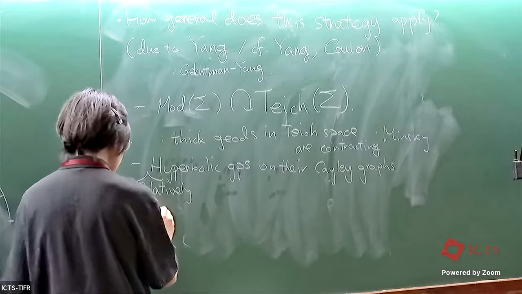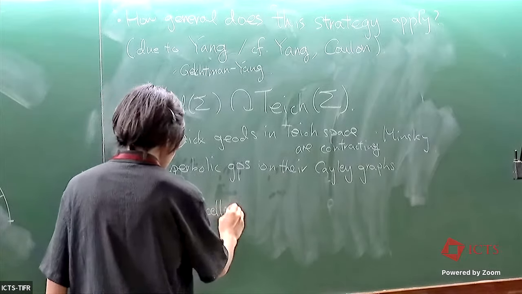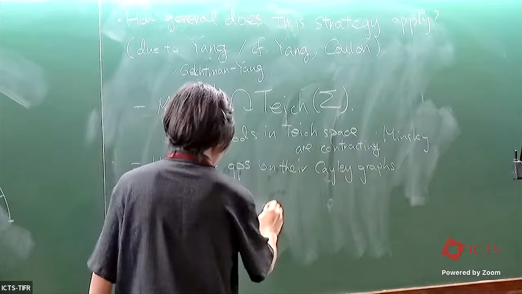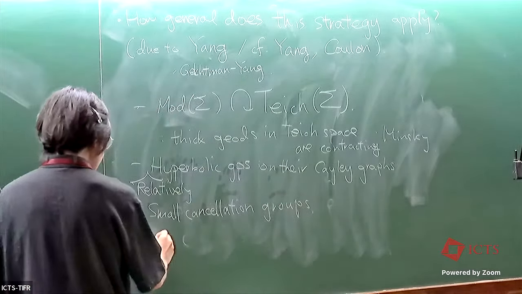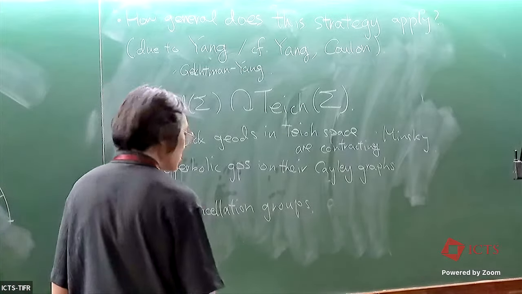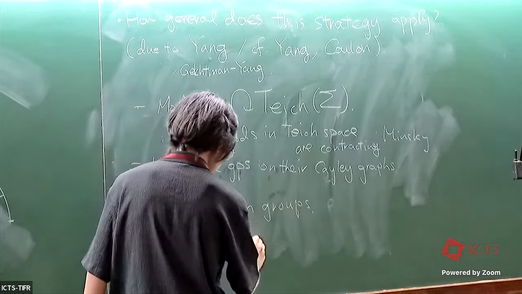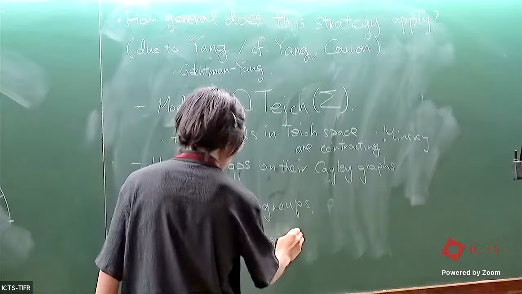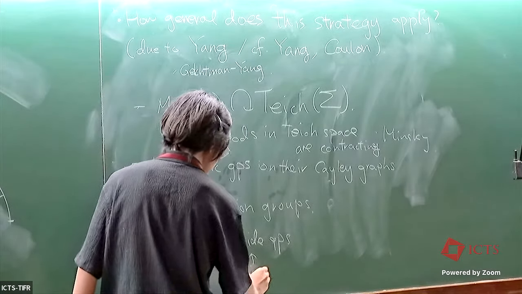And some small cancellation groups as well, and also many right-angled Artin groups and groups with Garside structure. I'll not go through that, but if you're curious about braid groups, they have the structure.